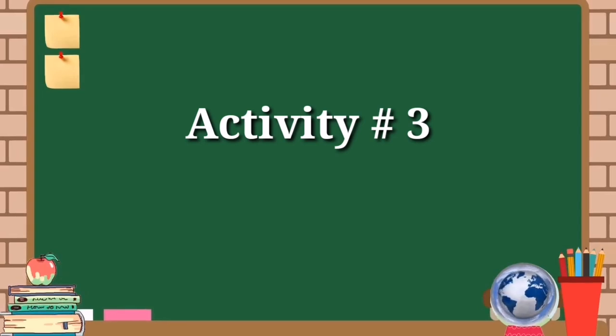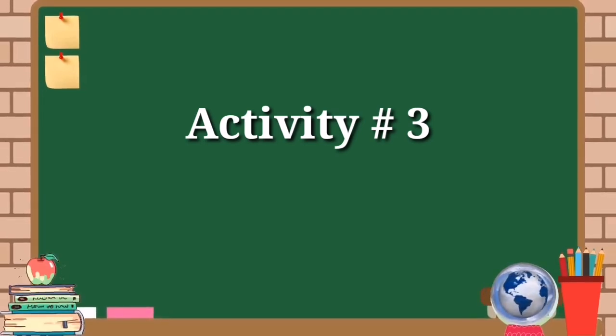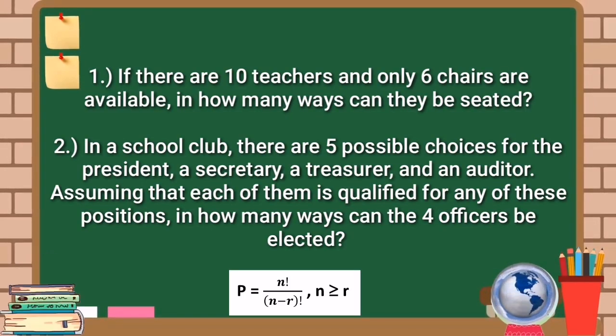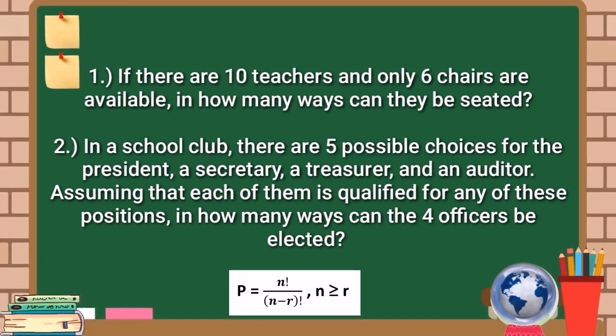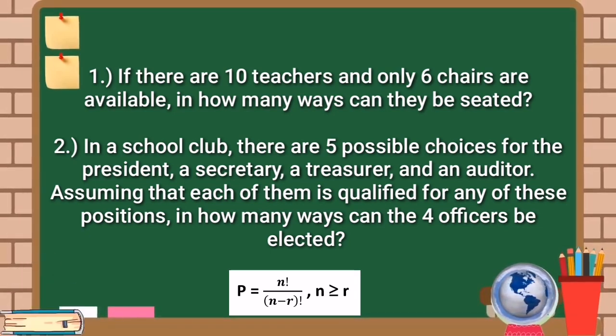Activity number 3. Let's discover. Number 1. If there are 10 teachers and only 6 chairs are available, in how many ways can they be seated? Number 2. In a school club, there are 5 possible choices for the president, a secretary, a treasurer, and an auditor. Assuming that each of them is qualified for any of these positions, in how many ways can the 4 officers be elected?